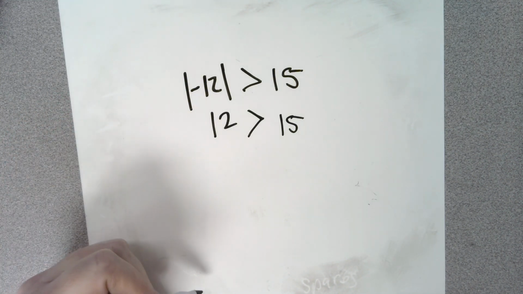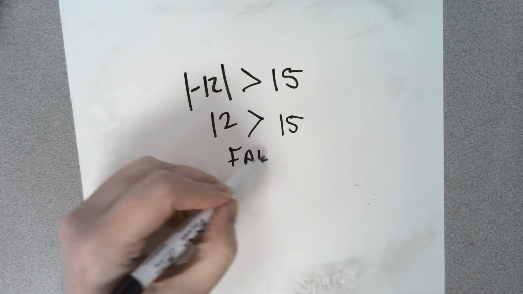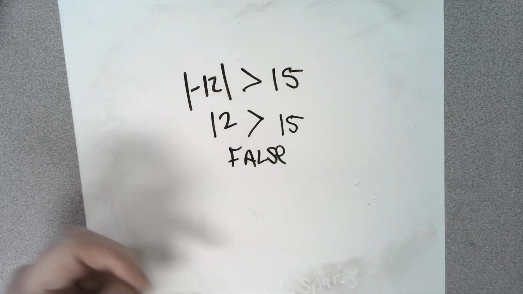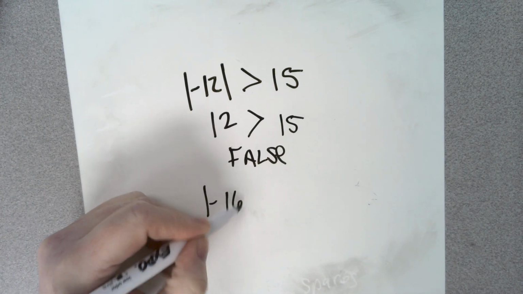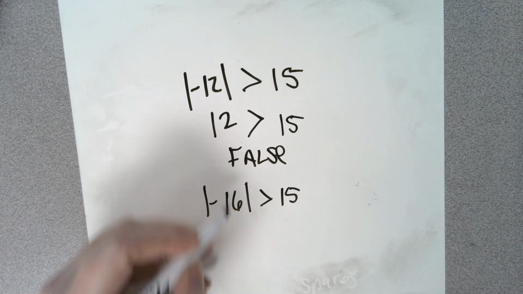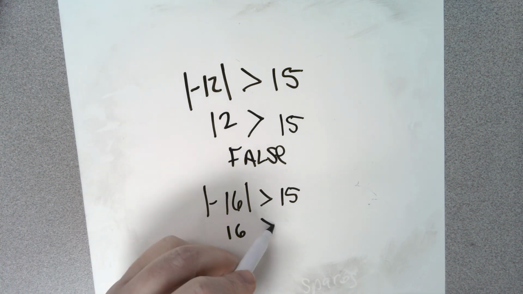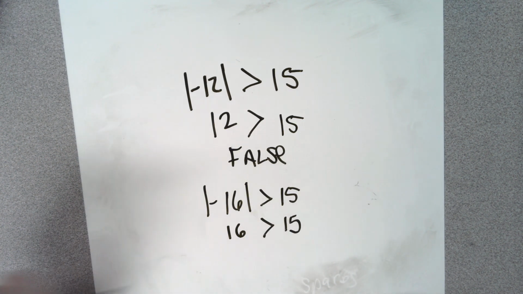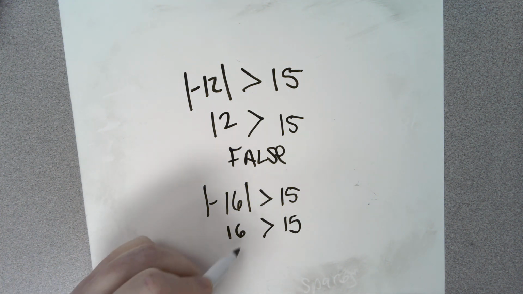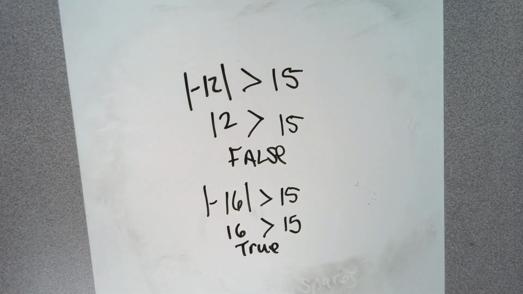It is 12 spaces. So then this is false. Now, if it was negative 16 is greater than 15, it would be true, because that's 16, because the bars, there you go. So that would be true, right? All right.